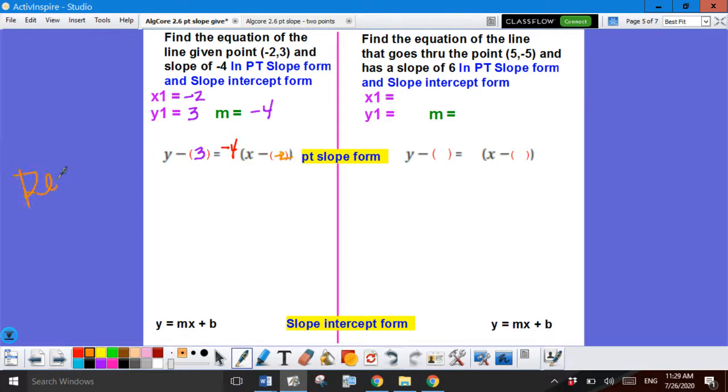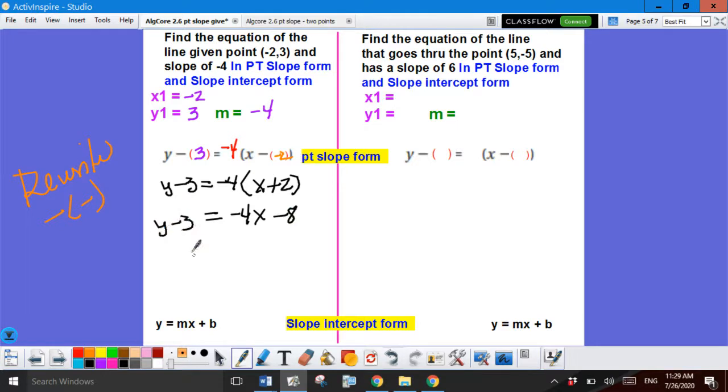And again, rewrite, look for double negatives. This side is fine. The negative 4 drops. X minus a negative, that is what I was looking for. That is an x plus 2. Distribute. Negative 4x minus 8, y minus 3, and add my 3. Y equals negative 4x minus 5.